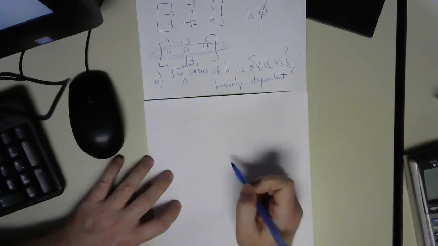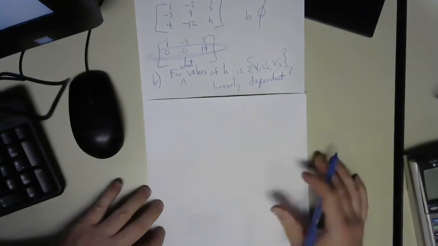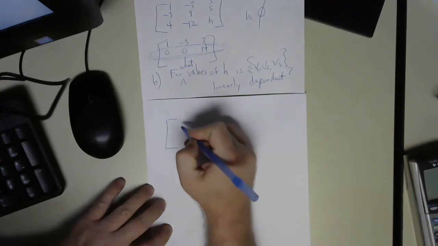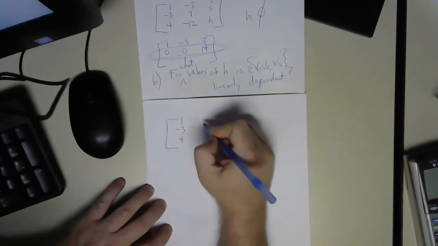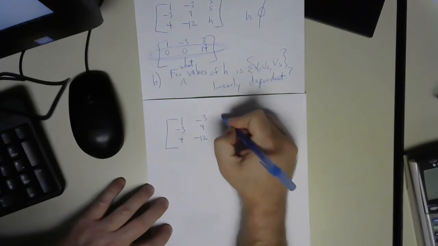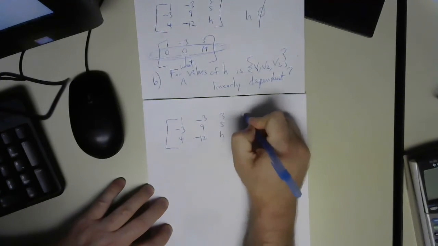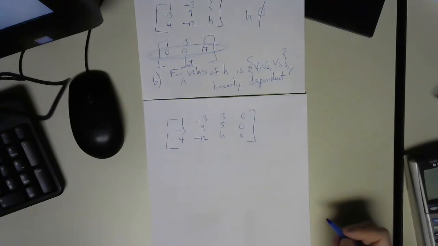I know the right-hand sides of the equations are all 0. And the first column should be v1. Second column is v2. Third column is v3. And that last column is just the 0 vector.